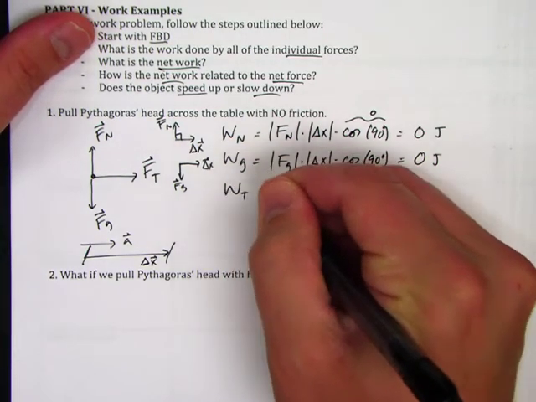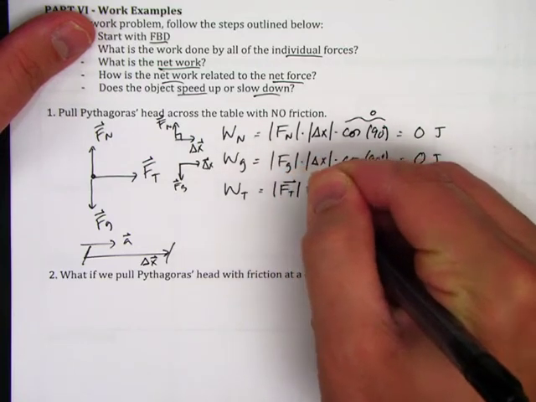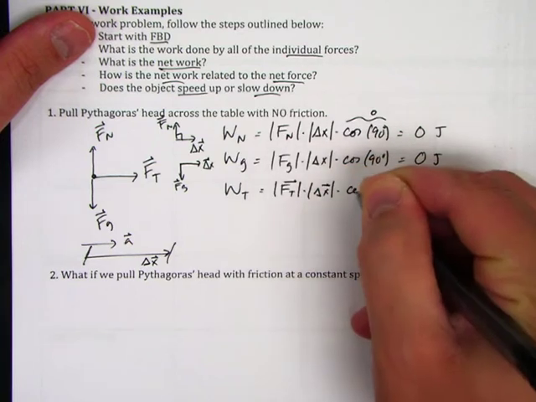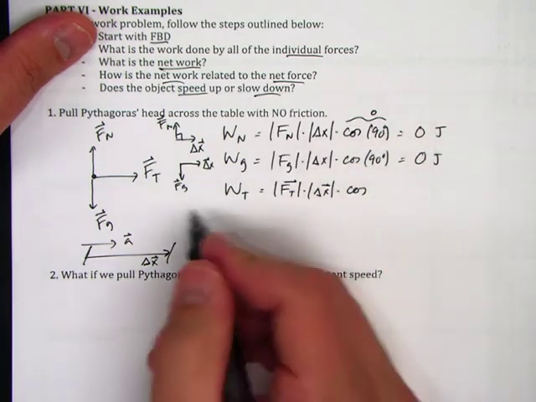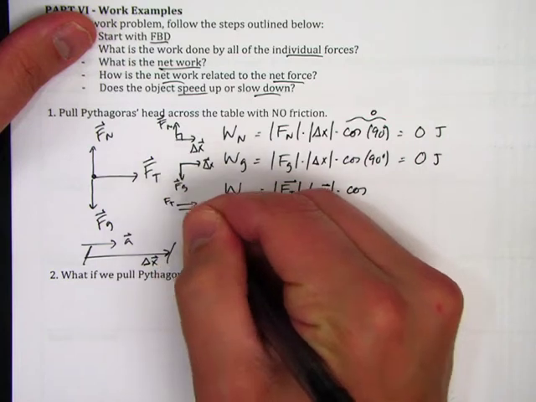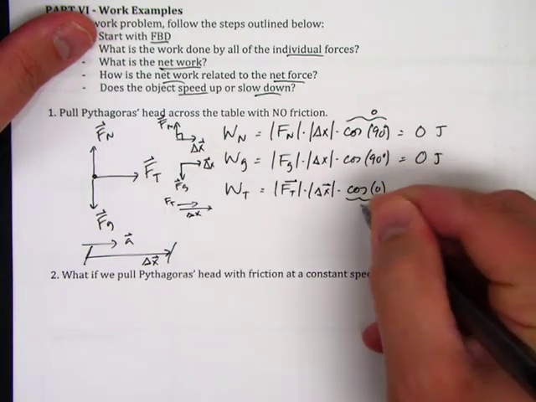Now let's look at the work done by tension. That'll be the magnitude of the tension times the magnitude of the displacement times the cosine of the angle in between it. Well, these are parallel to each other, Ft and delta x. So this is the cosine of 0, which is 1.